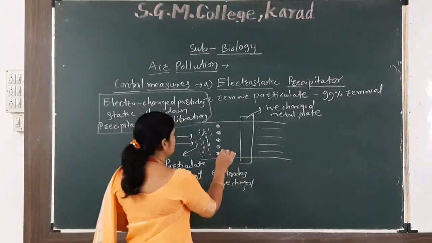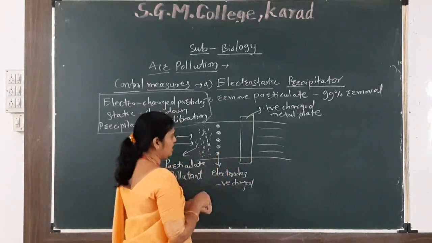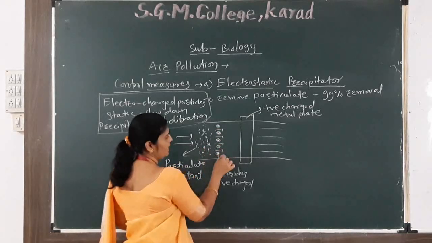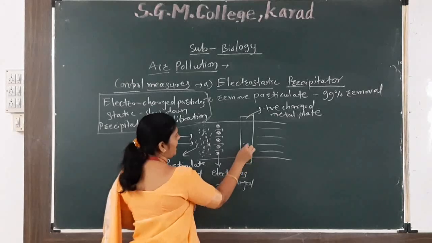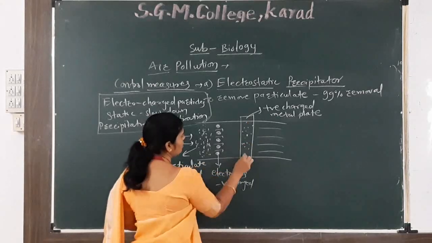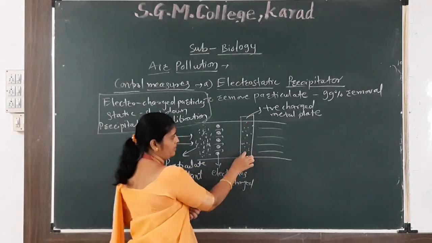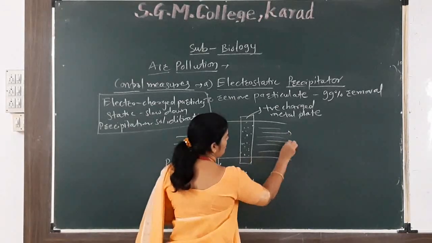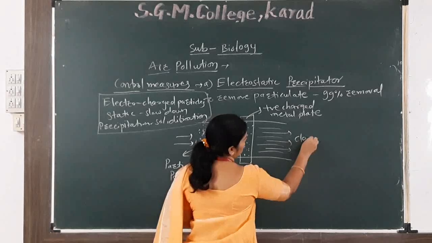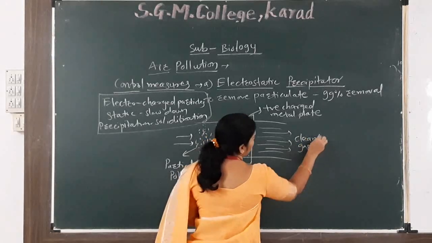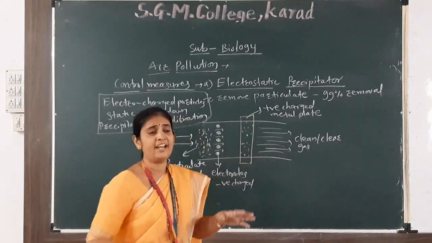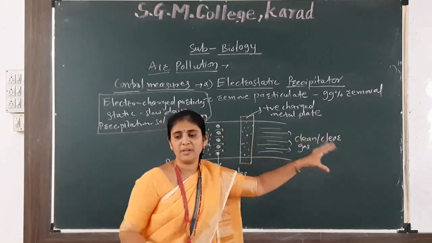Therefore these particles shown here move from these electrodes and get attached on this metal plate, and a clean, clear gas is emitted from this electrostatic precipitator.